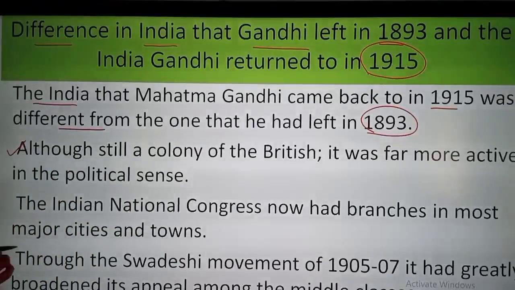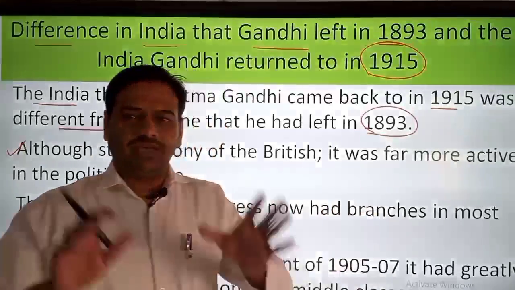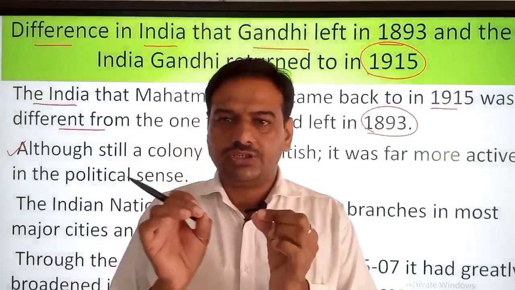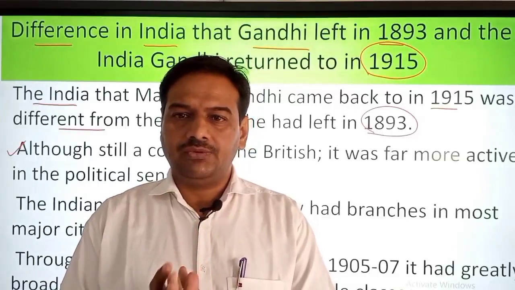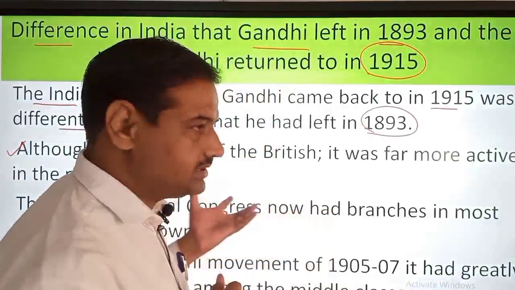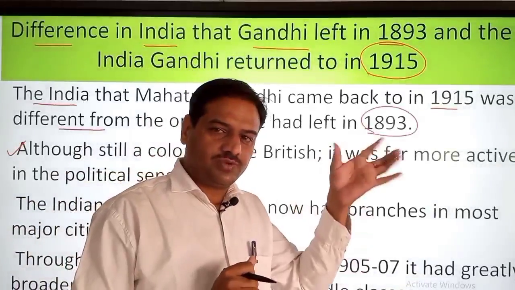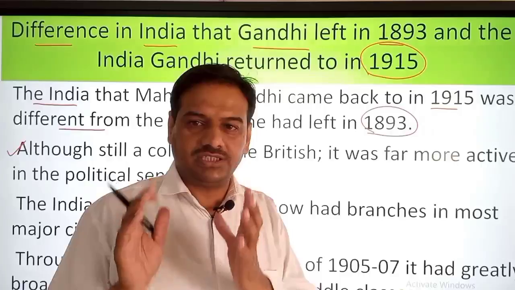India was a colony of the Britishers when he left in 1893, and when he returned, it was still a colony of the Britishers, but the political situation in India had completely changed during this period. So what changes took place? As we discussed, Congress was founded in 1885, and thereafter there were many changes in the political scenario of India.